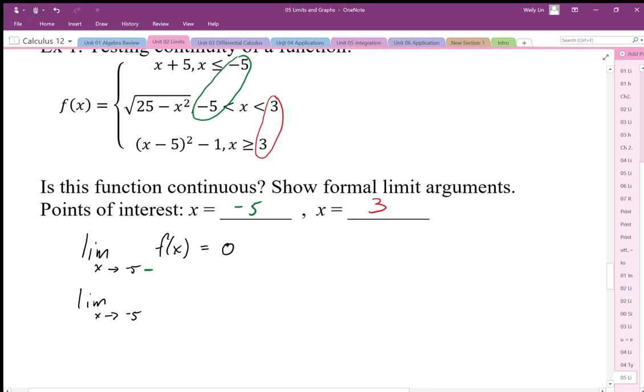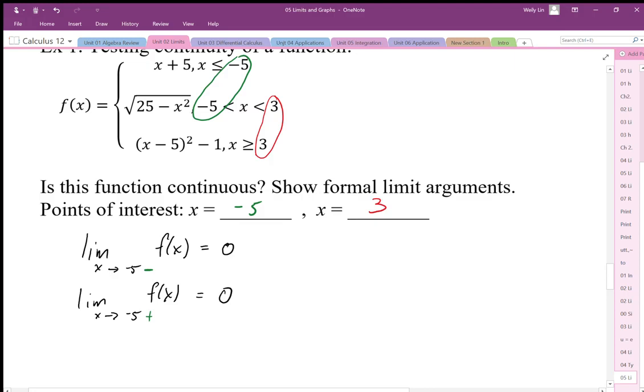Well, this is still green. From the positive side, we're going to use this function here. For f of x, we use the square root function to establish a coordinate, and plugging in -5, we get 0.